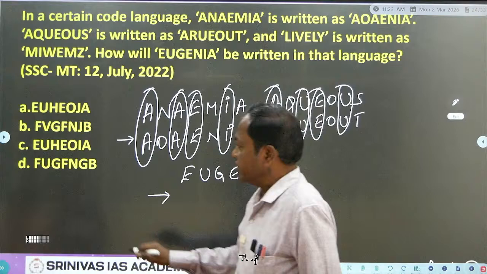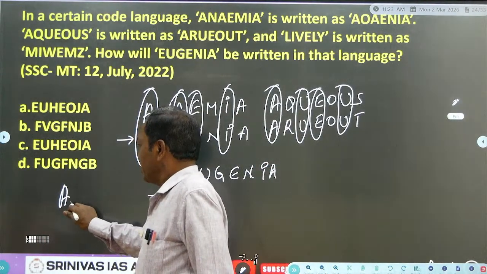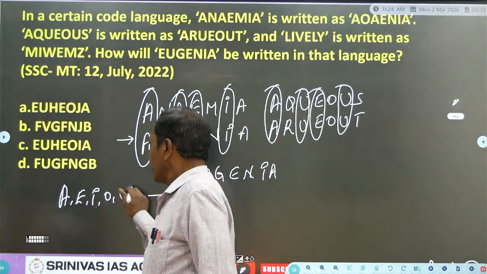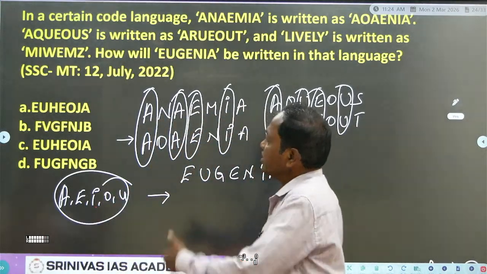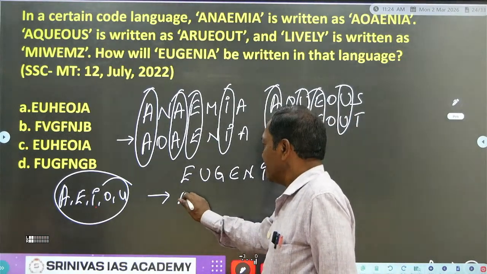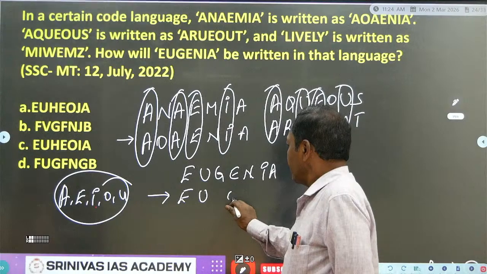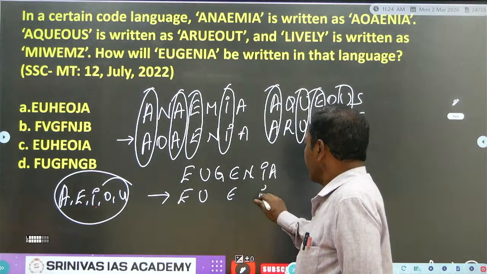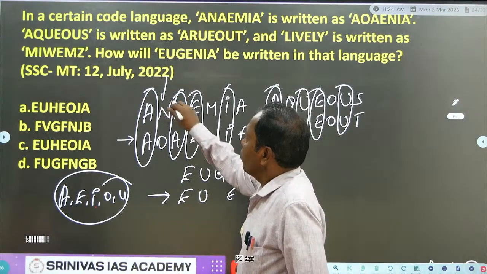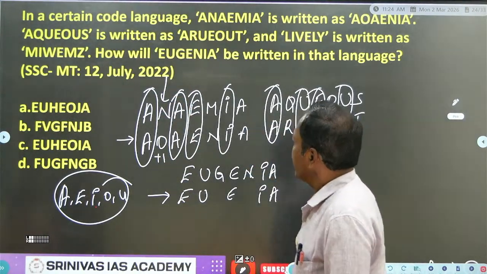What are the vowel letters? A, E, I, O, U. Vowel letters are written as same. Consonant letters like M, N: it means plus 1.